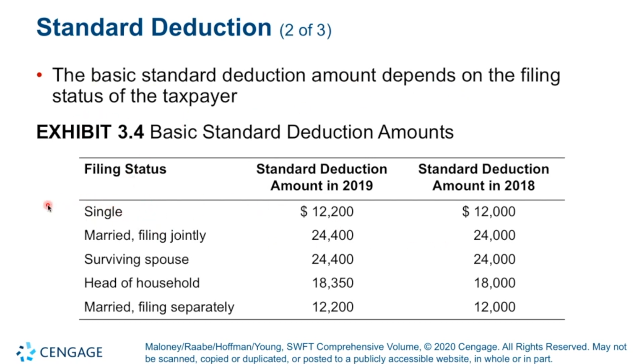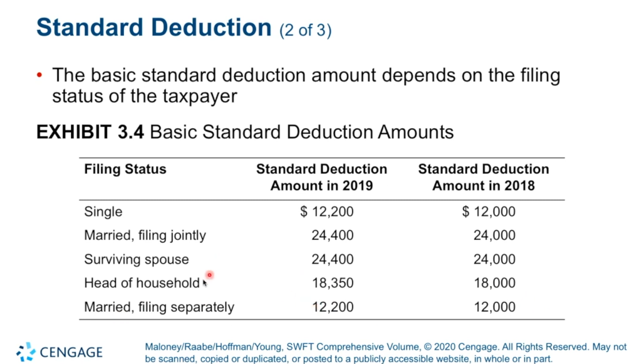A single person had a standard deduction amount in 2018 of $12,000, and in 2019 it's $12,200. Married filing joint is double that, so it was $24,000, now it's $24,400. Surviving spouse, $24,000, $24,400. Head of household, $18,000, $18,350, and married filing separate is the same as single.